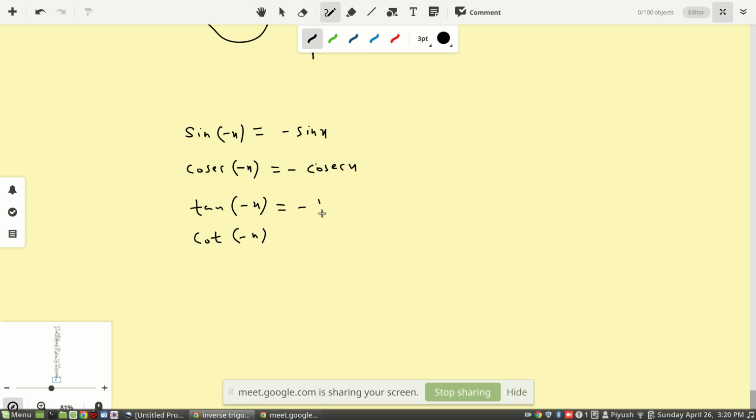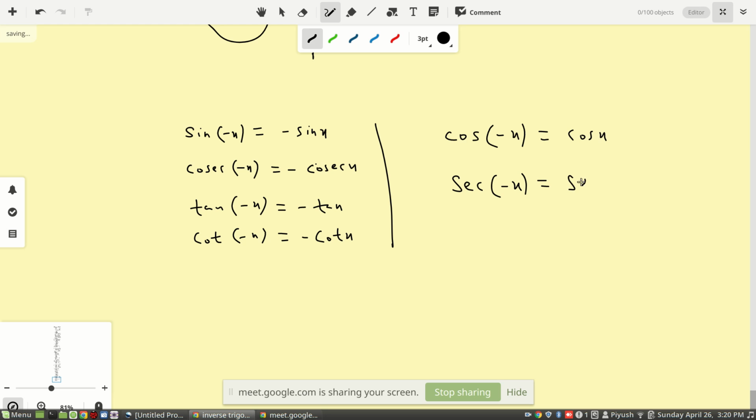Tan of minus x is minus tan x, and cot of minus x is minus cot x. The other case is cos of minus x, which is cos x, and similarly sec of minus x is sec x. So these two are actually even functions, and these 4 are odd functions.